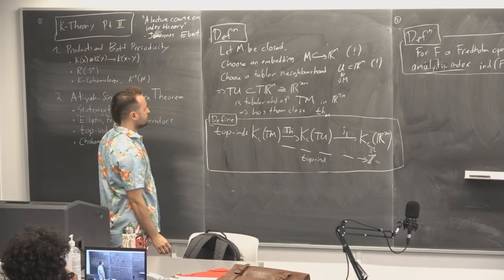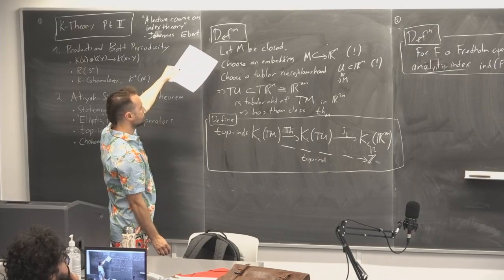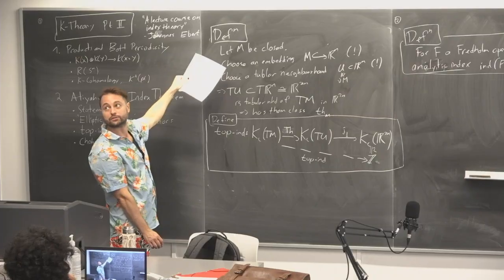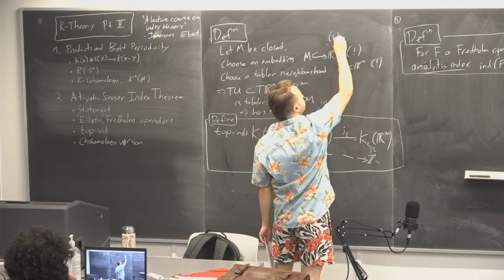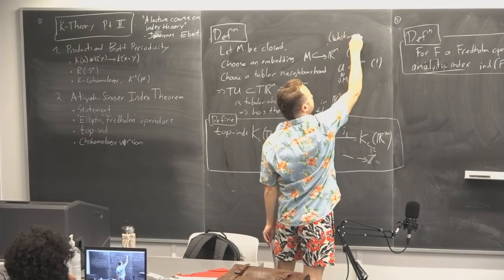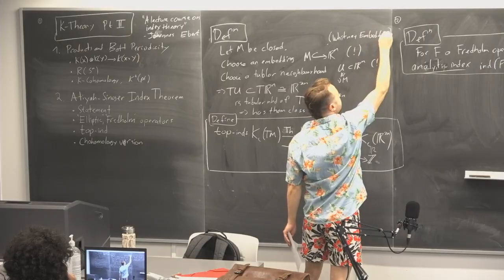In fact, the only thing that I would have to justify in this statement is the choice of an embedding. I think I'll just wave my hands and say this is the Whitney embedding theorem. These are differential topology background, so I don't really have time to go through it.